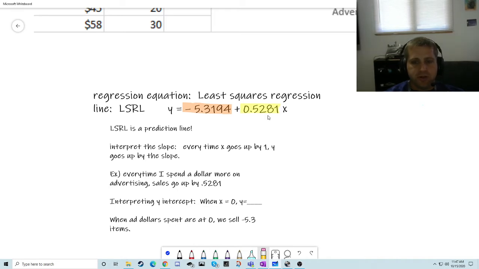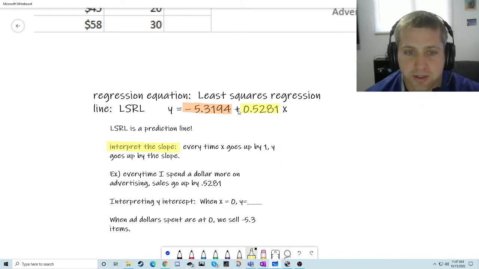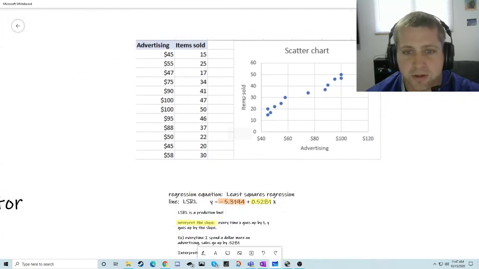So the yellow one is the slope. Every time x goes up by 1, y goes up by the slope. That's the way it works usually. To interpret this, I'm using the same advertising dollars and items sold example from before.